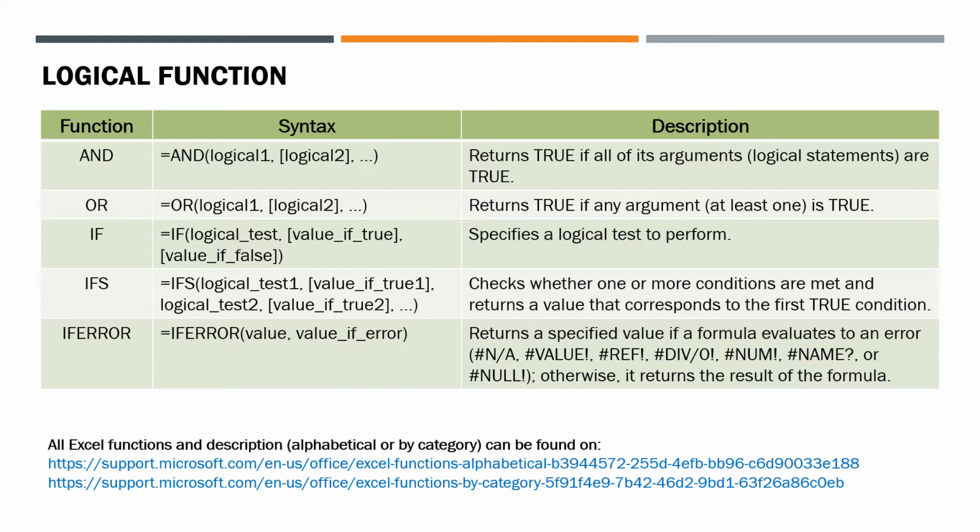However, if we use OR, it returns true if any argument, or at least one, is true. And we use IF to specify a logical test to perform, and IFS if the conditions are more than one and you have to return a value that corresponds to the first true condition. We can also use IFERROR. IFERROR returns a specified value if a formula evaluates to an error.